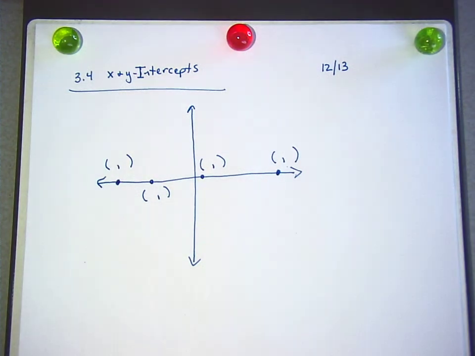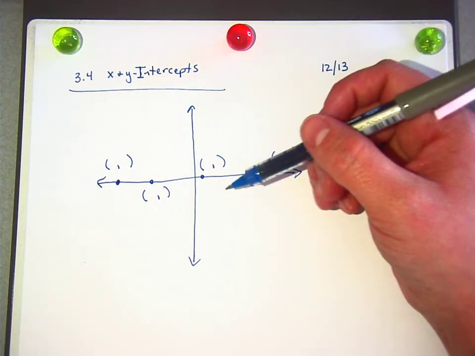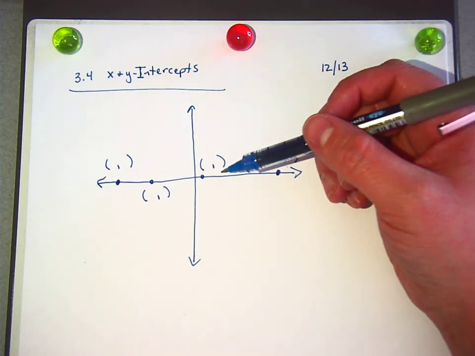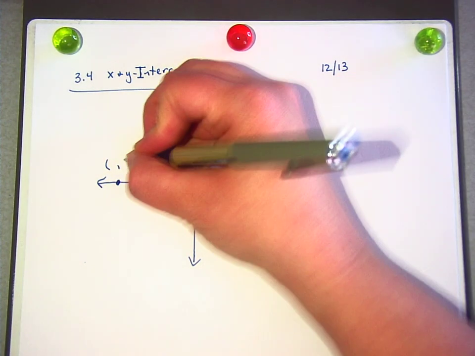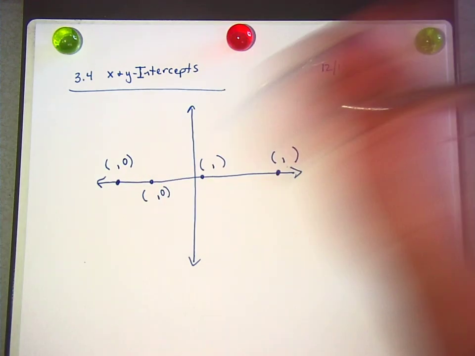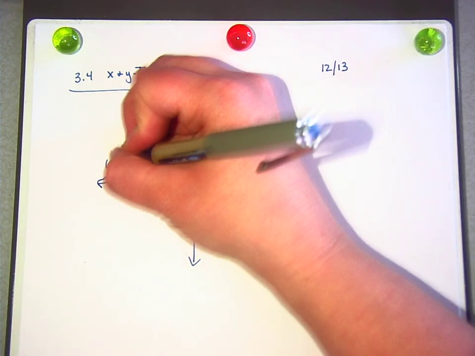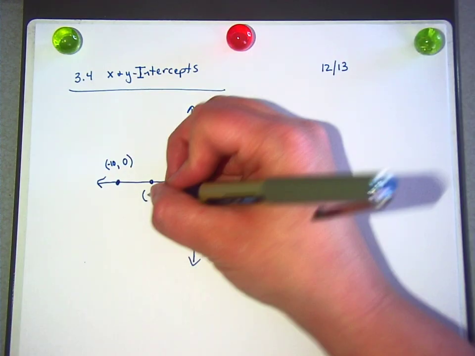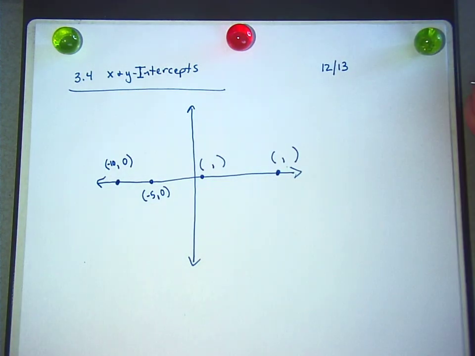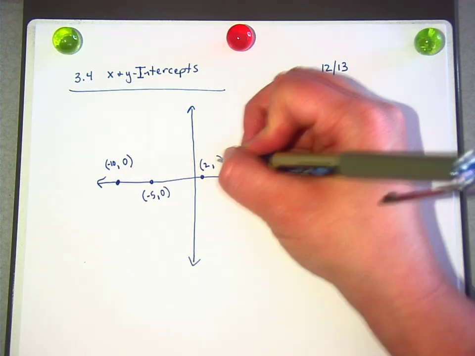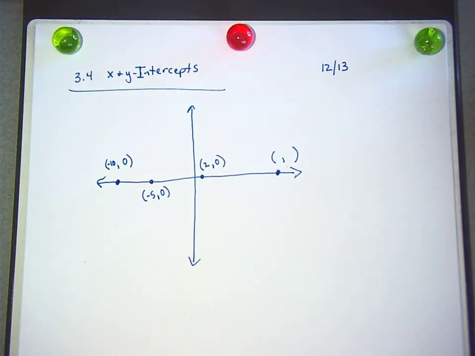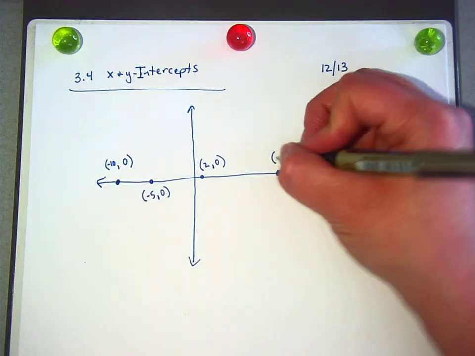So all the y's have to be 0. The first x will be -10. Then -5. And then 2, 0. And then 11, 0.